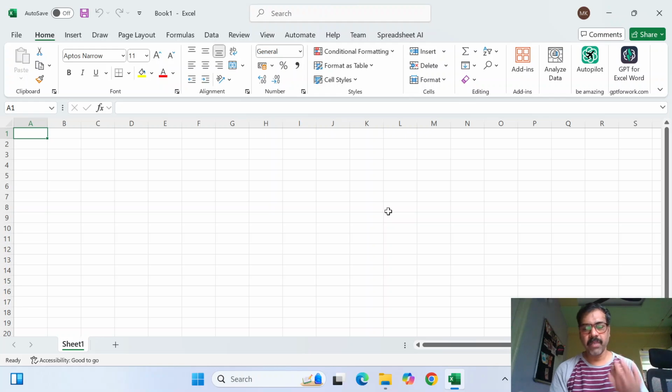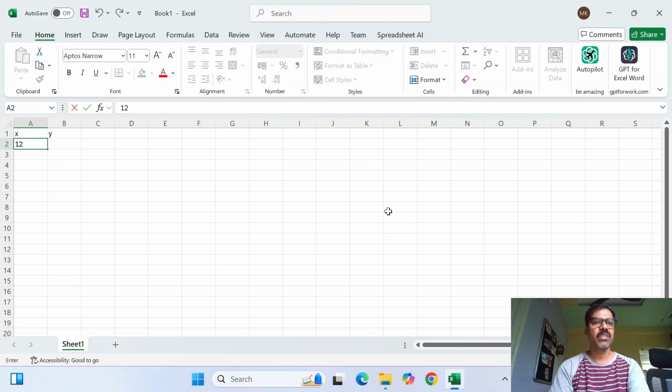So we can make use of goal seek in order to seek a particular value by changing values in certain definite cells. For instance, if I perform a multiplication just like this, let us assume that x represents 1 and y represents 2.